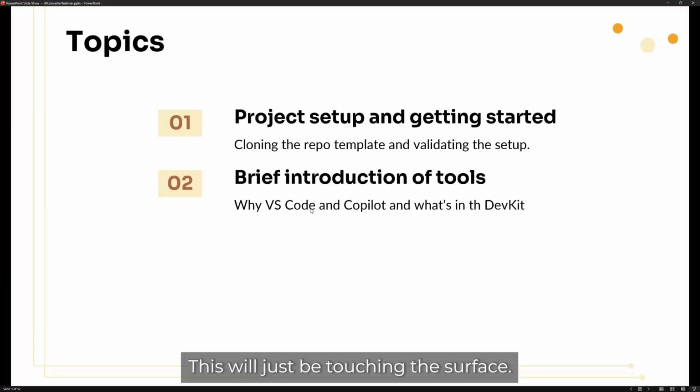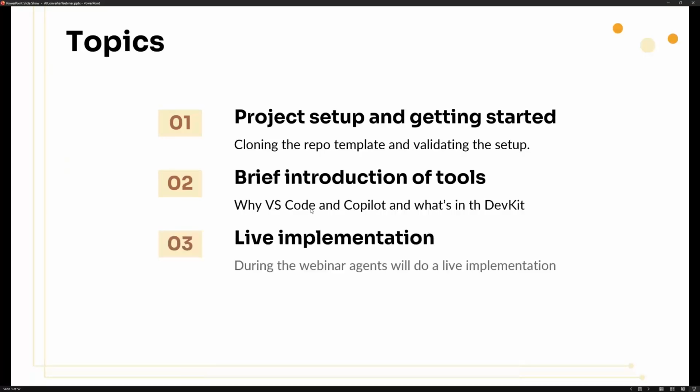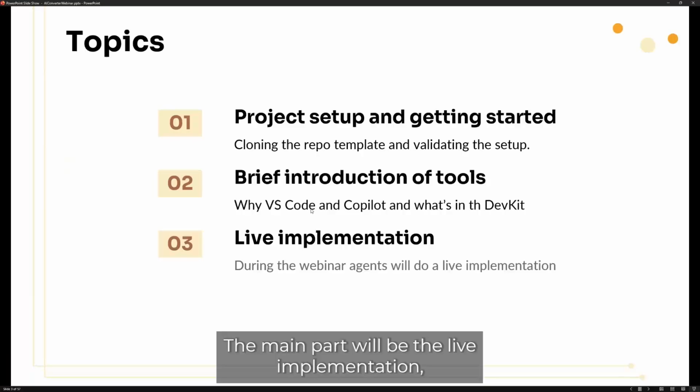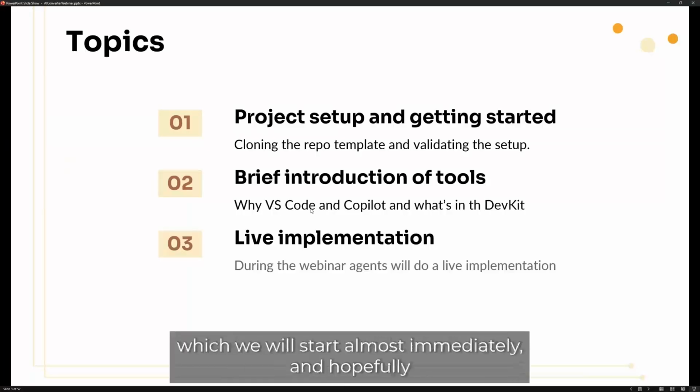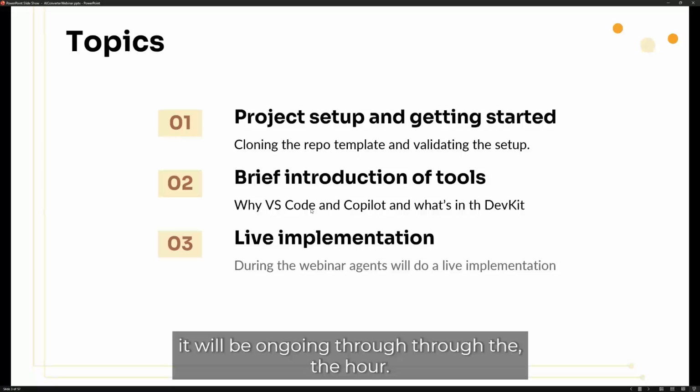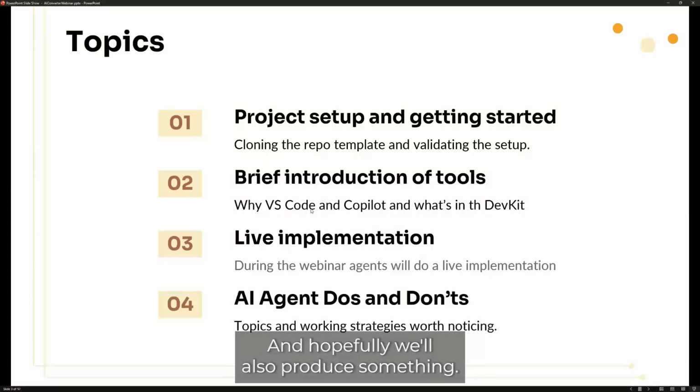This will just be touching the surface. The main part will be the live implementation, which we will start almost immediately, and hopefully it will be ongoing through the hour, and hopefully it will also produce something.